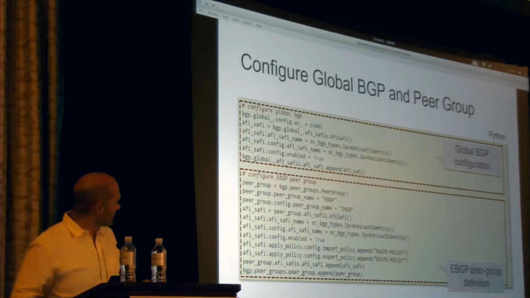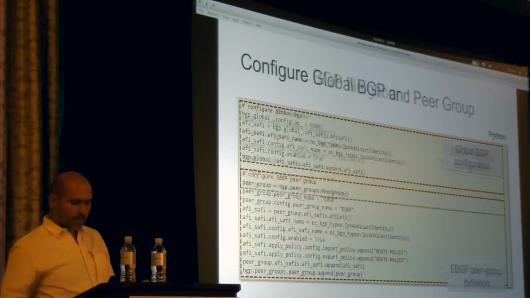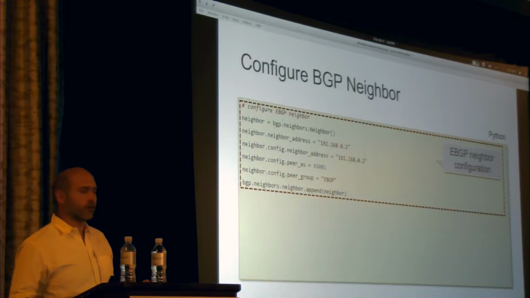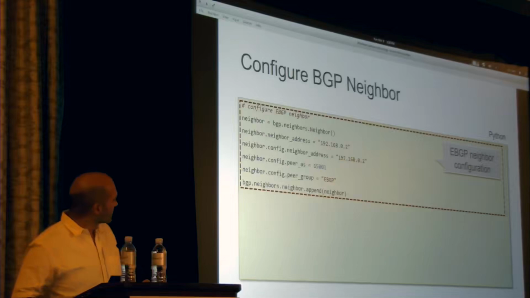We're applying the policy that we defined before on that peer group. In the next slide, we have the definition of the neighbor that uses the peer group we defined in the previous slide. This is the address that we read from that JSON file telling me the peer I want to connect to. This is the remote peer.